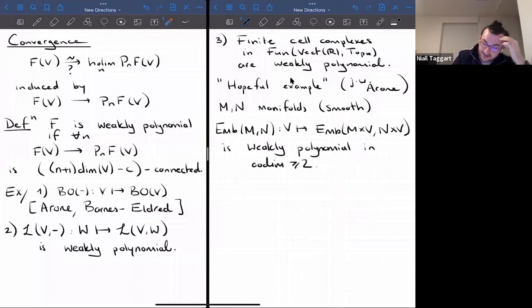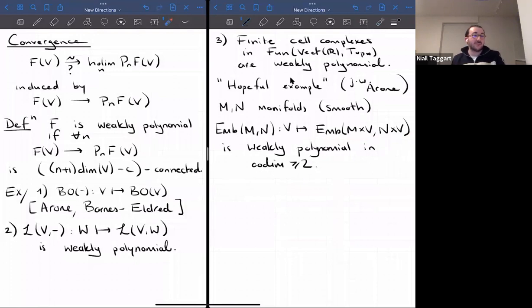So the reason for this is that this space of embeddings can be expressed in terms of linear isometries, again, and configuration spaces. And using that expression, you can figure out that both linear isometries and the configuration spaces are weakly polynomial. So you can get the whole thing, plus or minus some details checking.